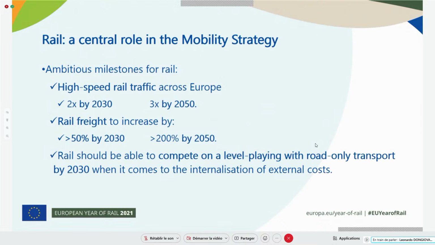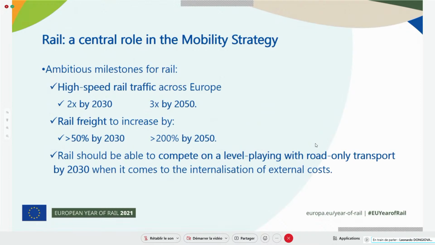And another important thing is that the process of internalization of external costs should be finalized by 2030, which should then allow rail to finally compete on a level playing field with other transport modes, notably with road. And this is also ongoing. These are the main elements related to rail in the mobility strategy.